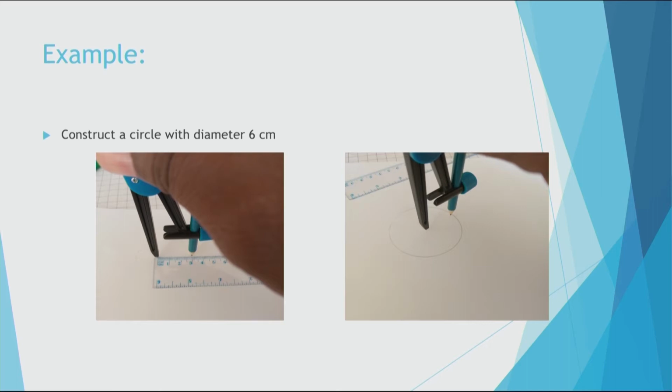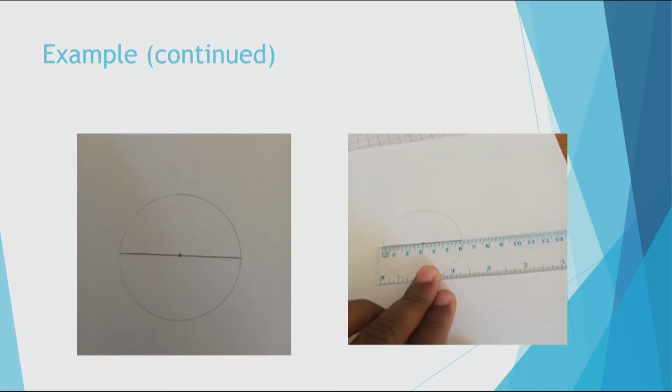So we are drawing a circle, which is the exact size of the measurement we have been given. Then what is the next step after drawing? You draw the diameter across. This is our diameter there.